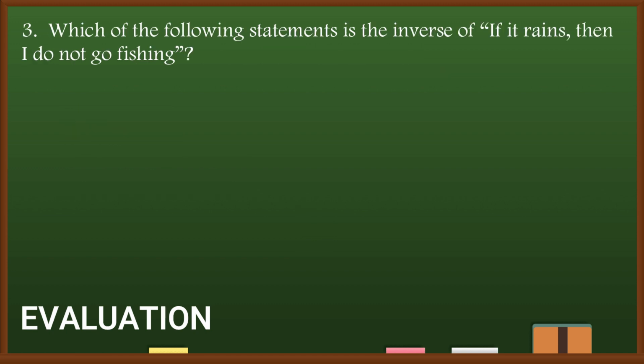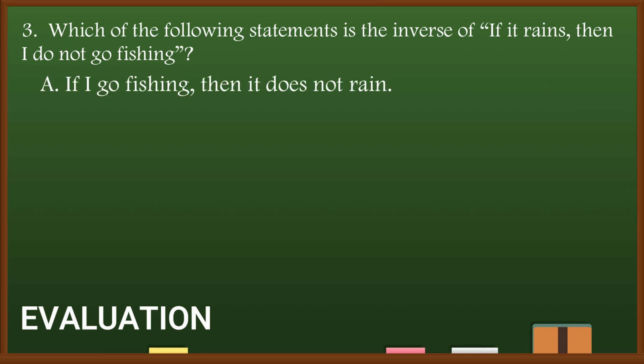Question number 3. Which of the following statements is the inverse of "If it rains, then I do not go fishing"? Letter A. If I go fishing, then it does not rain.